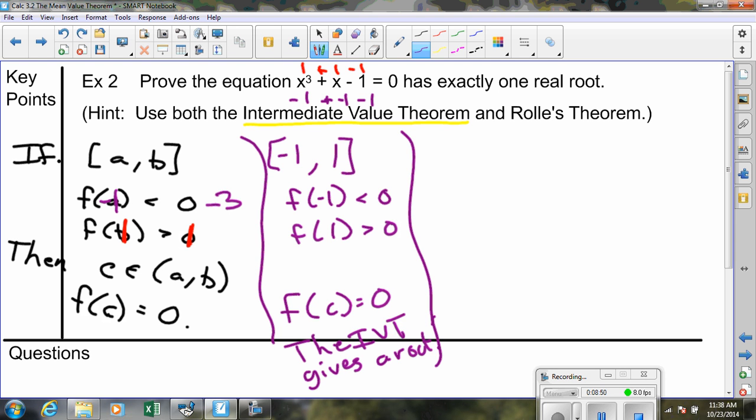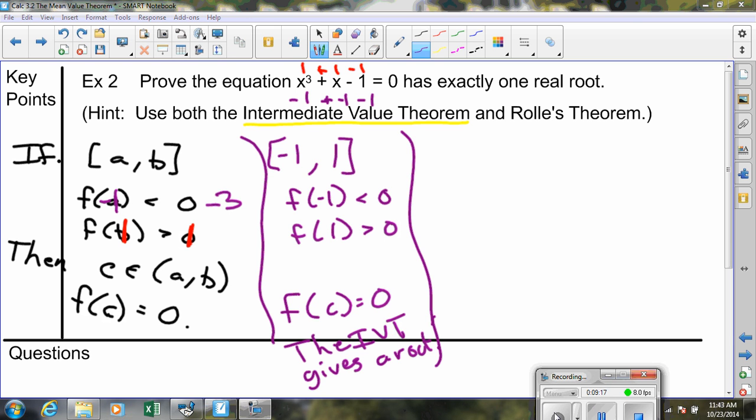Well, if we're going to try to prove that there is exactly one, then to show that it is exactly one, we would need to demonstrate that there can't be more than one.